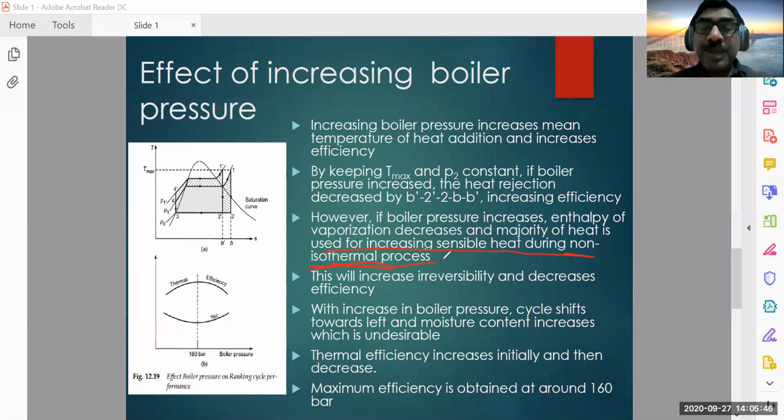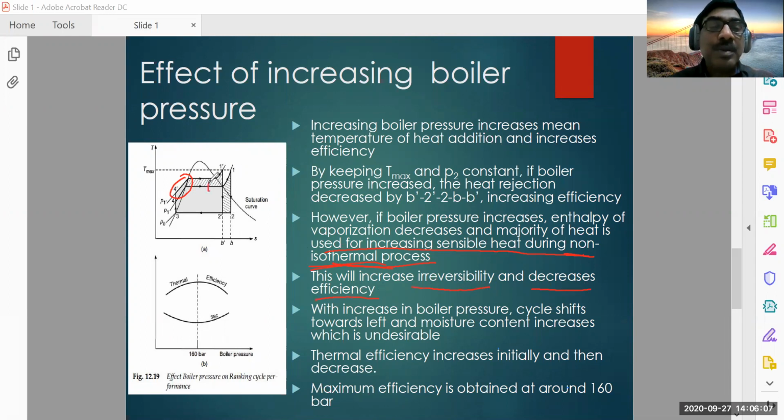Because of that reason, the irreversibility increases and the efficiency decreases. Because the heat is added during the non-isothermal process, it will increase the irreversibility and also decrease the efficiency.